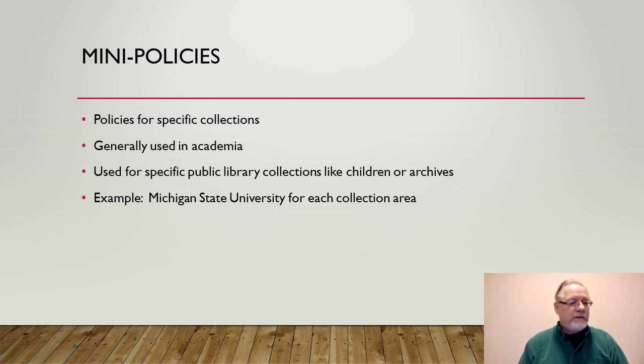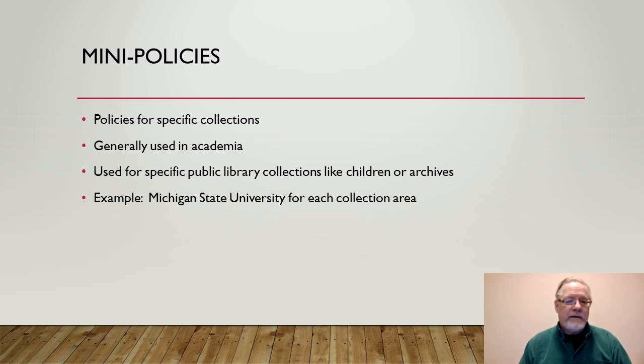Whereas in academia, you tend to find a lot of mini policies. Now, like I said, it could be used in public libraries, but academia tends to use it. And a good example is Michigan State University, which has policies for each collection area. They utilized, and this was common, what's called the RLG, Research Libraries Group.